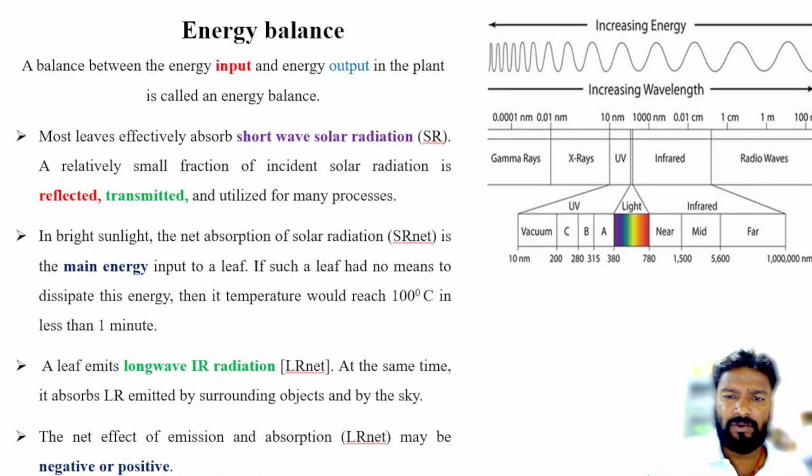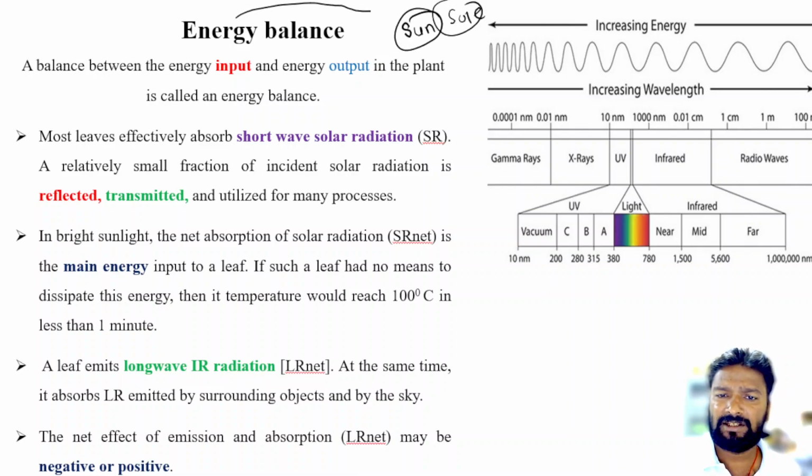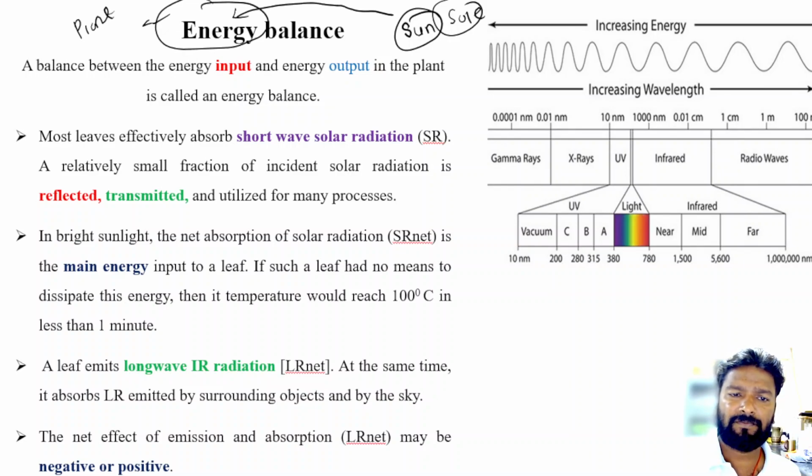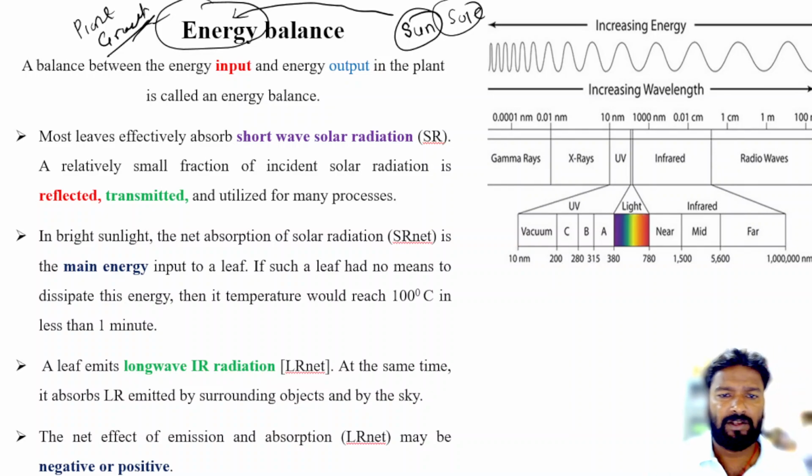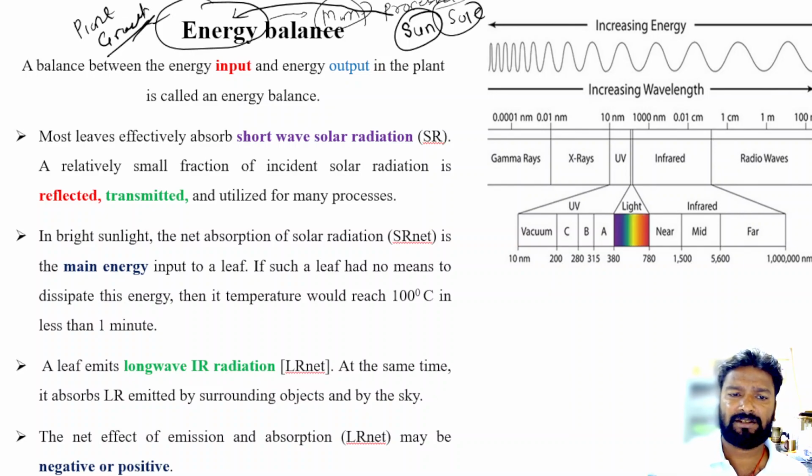So friends, you know that the sun is the important or sole source of energy on this planet Earth, and it is important for plant growth and development. This is the energy which is required for many important or crucial plant processes.